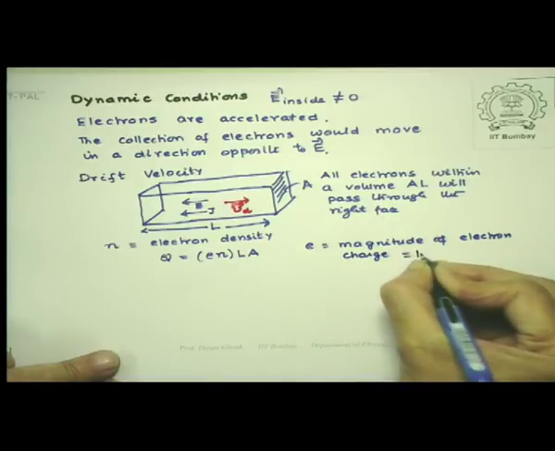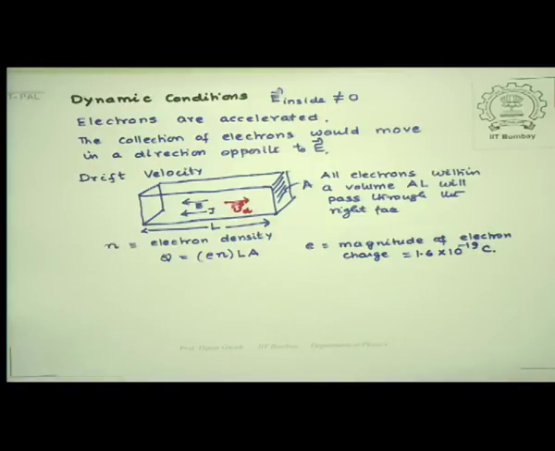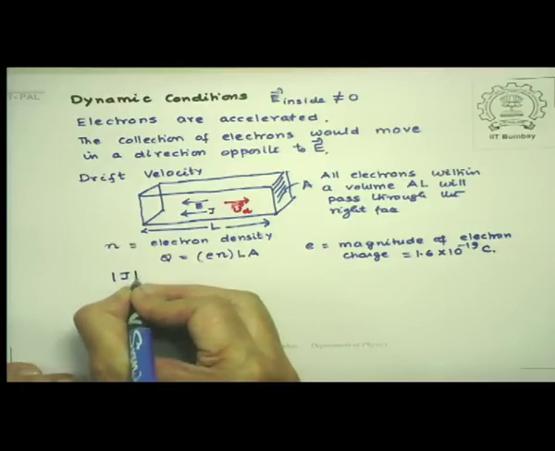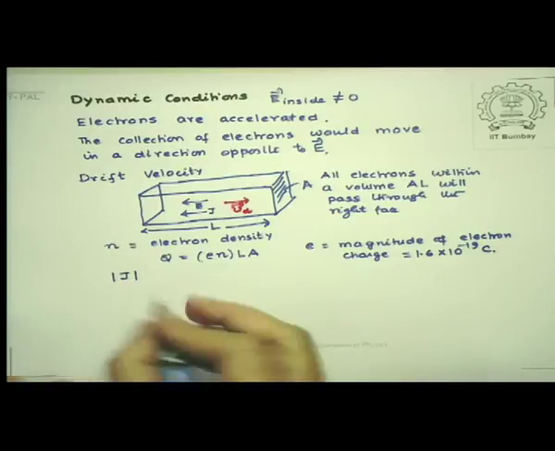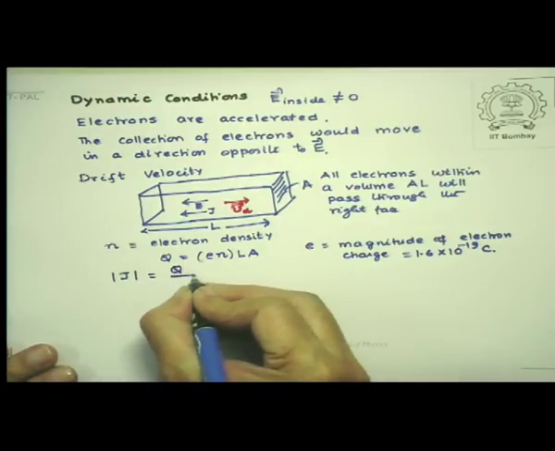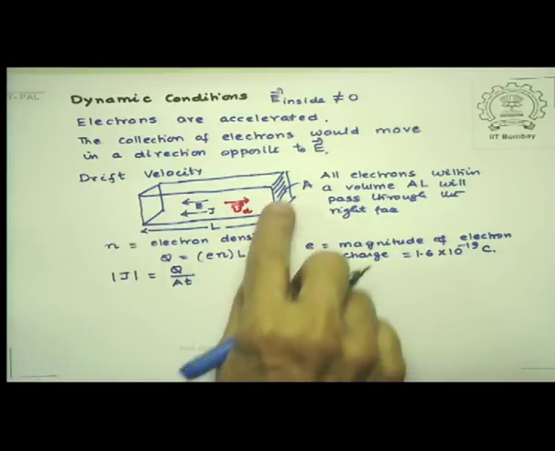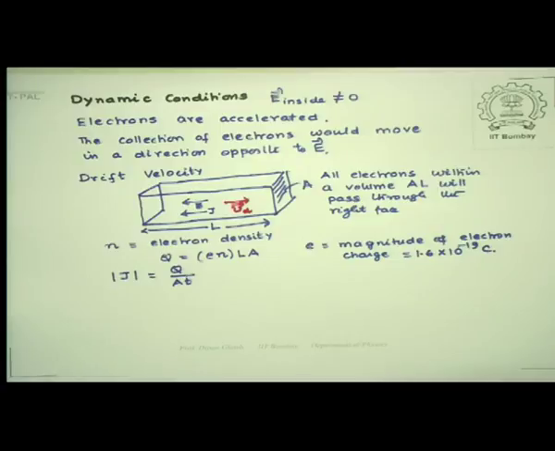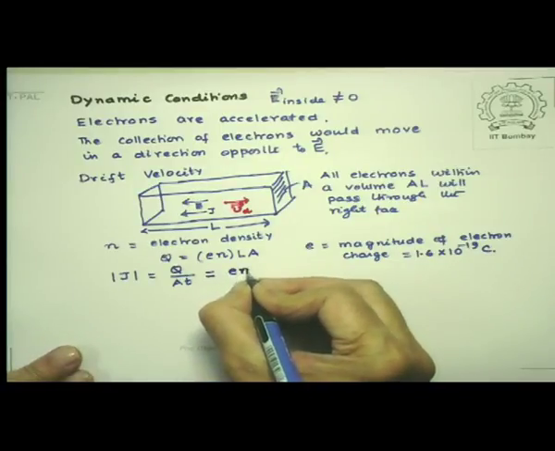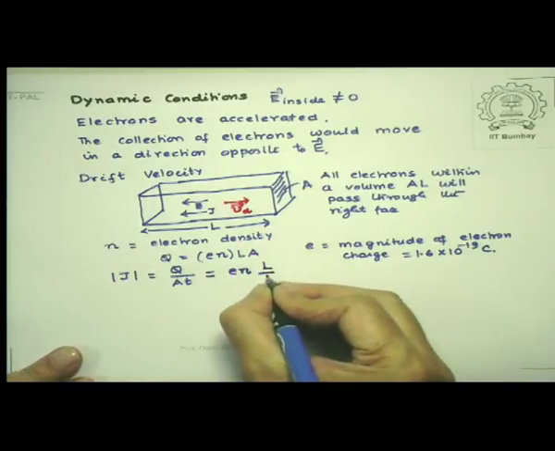which is of course equal to 1.6 into 10 to the minus 19 coulomb. So therefore, the current density is given by Q divided by A times t. This is the amount that has passed through this surface in time t. So therefore, this is given by e times n. A has cancelled out, I am left with L divided by t.